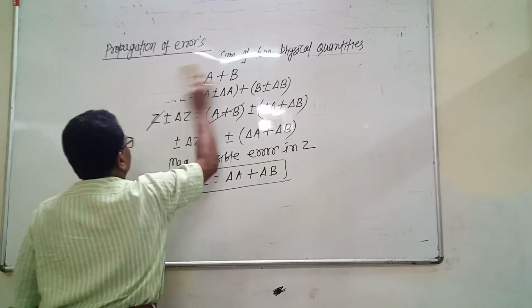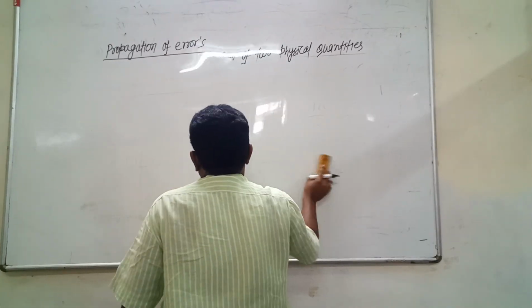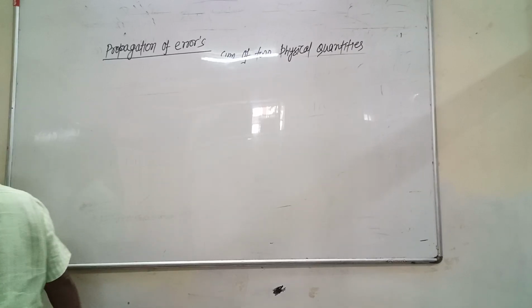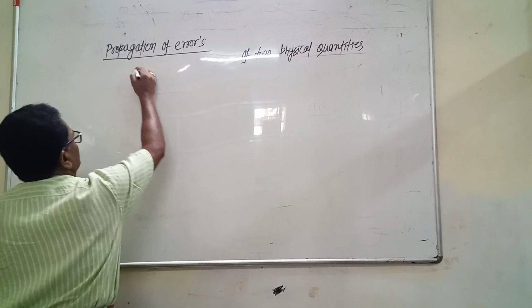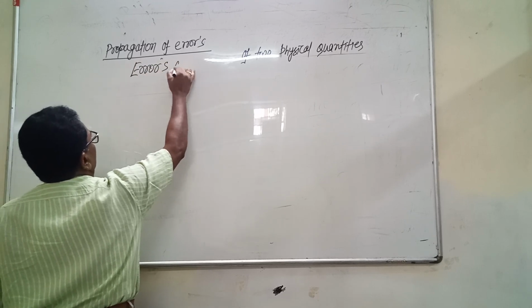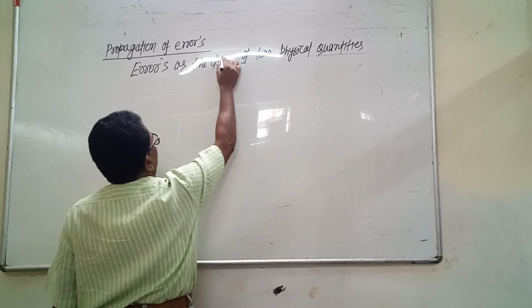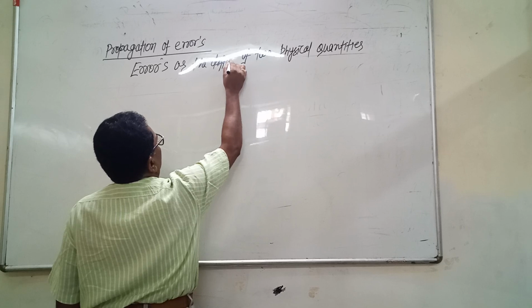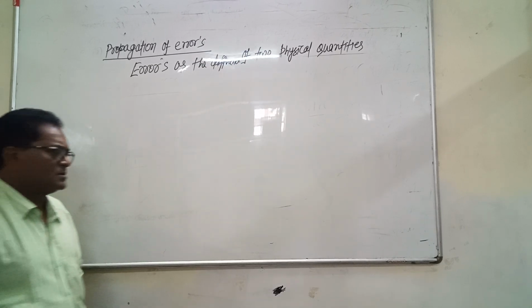Now next we will see error as the difference of two physical quantities. Errors as the difference of two physical quantities.